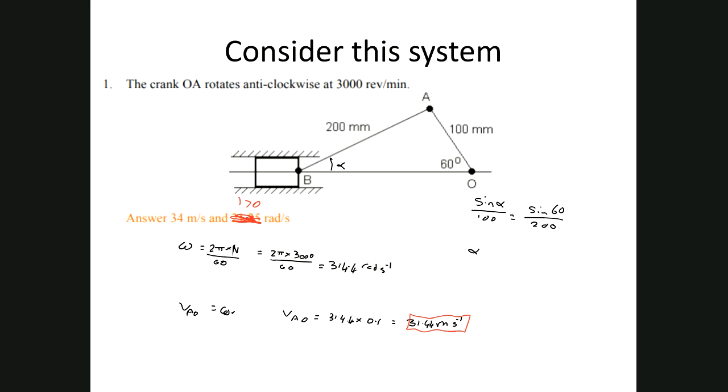So alpha is equal to the inverse sine of 100 sine 60 over 200. Alpha is 25.66 degrees. And again, I'm going to need that in a minute. So I'm going to draw a red box around that as well.